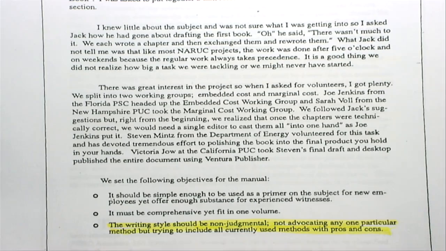And if we turn to the preface, I'll put it up. Do you see there where I've highlighted where the NARUC manual states right there in the preface that one of the objectives of the manual was that the writing style should be non-judgmental, not advocating any one particular method, but trying to include all currently used methods with pros and cons.